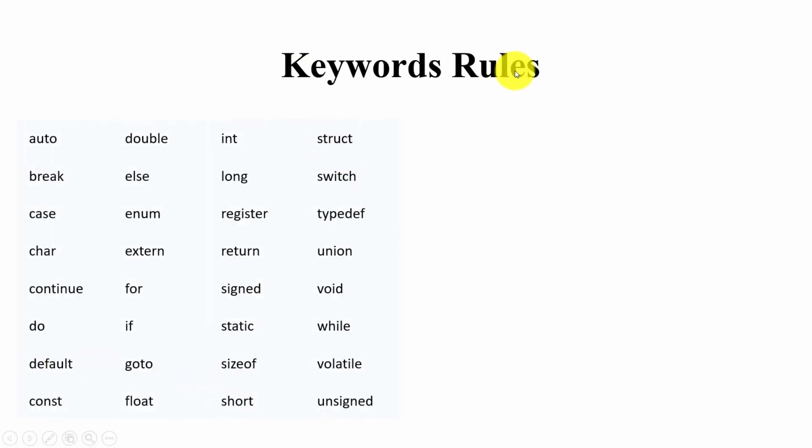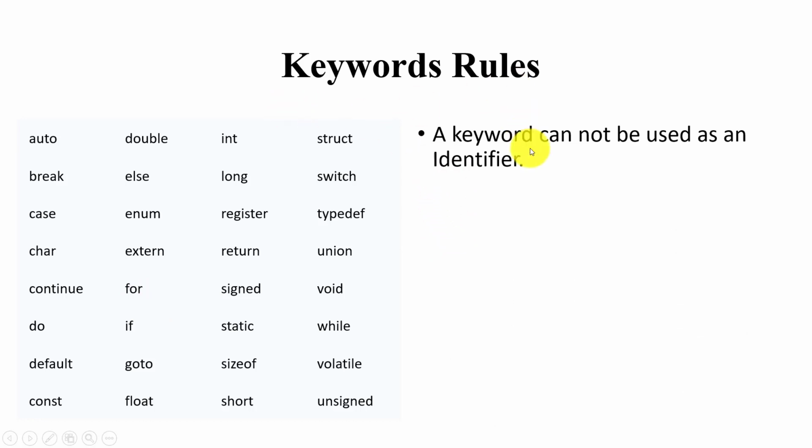Now let's understand the rules of keywords. There are 32 keywords which are reserved and predefined. For example, auto, break, char, do, else, if, for, float, int, switch, void, while, etc. are all reserved or predefined.